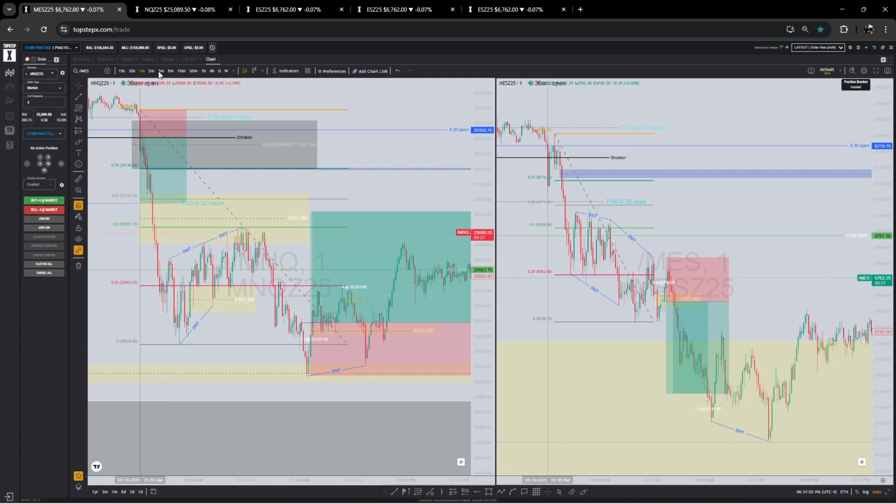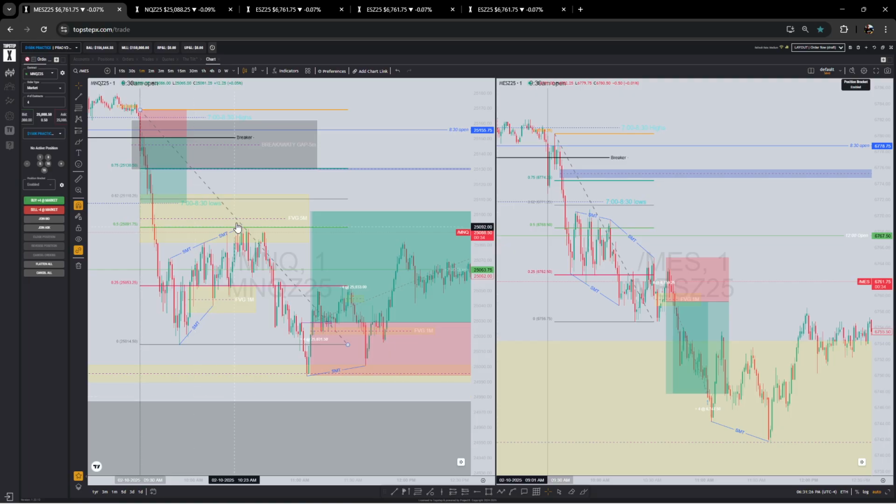So guys, this is the starting of the move for the morning. This is where price started retracing. So my trade would have been, because we didn't trade right down to the forward fair value gap, to see price retrace to the discount of the range, which is 50% and above.